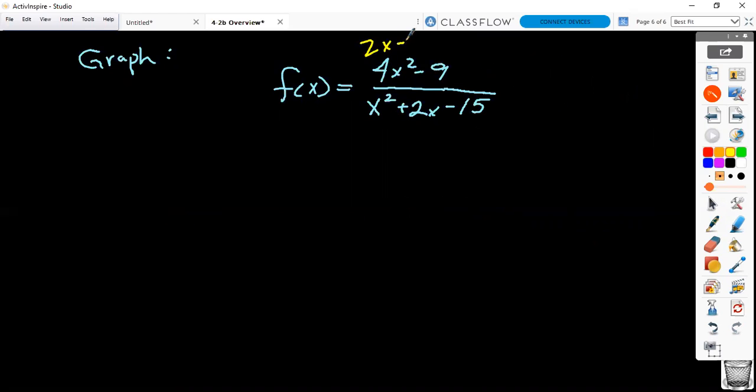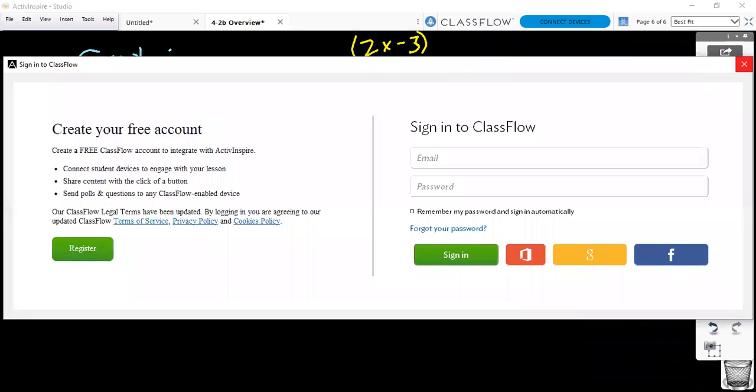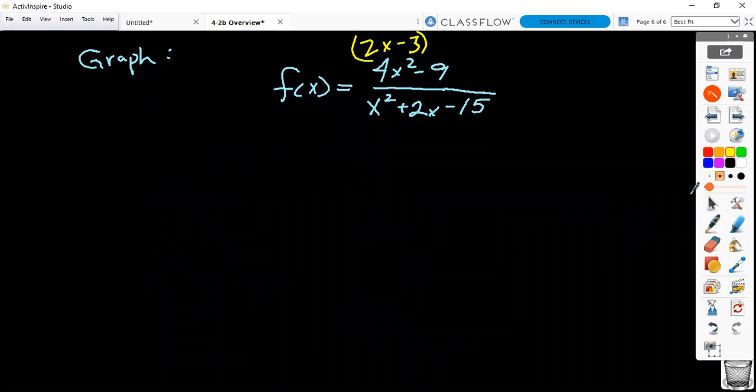So if I had 2x minus 3, because these are the difference of two squares here, and 2x plus 3. And then this denominator looks like an x plus 5 and an x minus 3, to get that 2x in the middle and a negative 15.